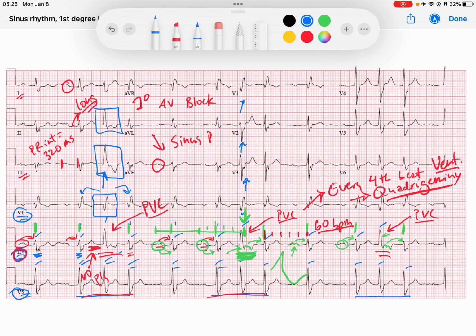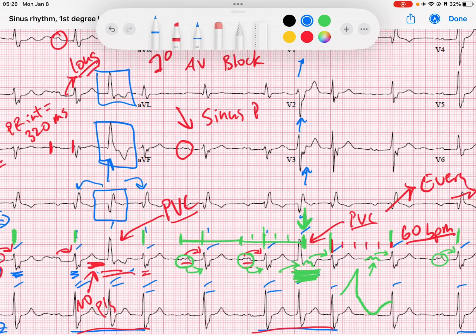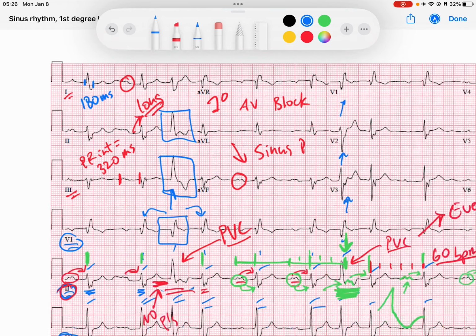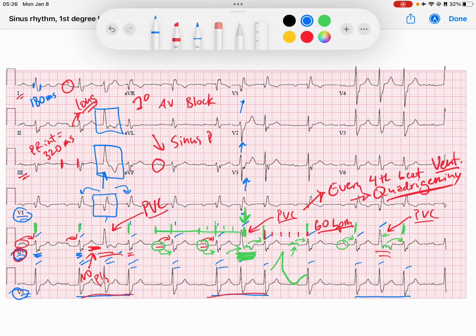Now we need to go to our QRS complex. We said our QRS complex is wide. If I check out up here, maybe in lead 1, the duration is maybe 180 milliseconds. So that's wide. We know that wide QRSs often occur from some type of conduction disturbance in the His-Purkinje system.